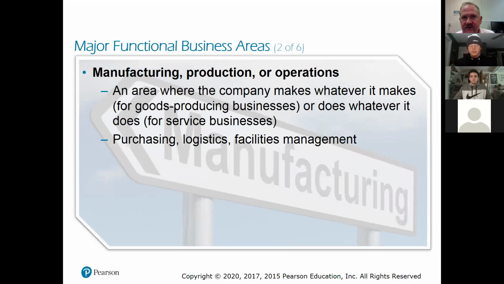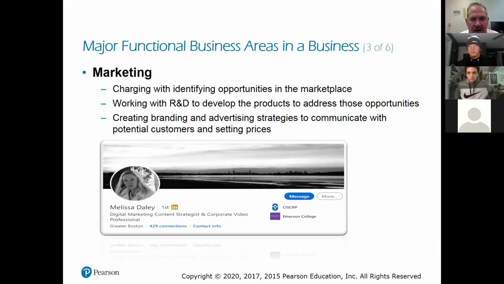Walmart itself doesn't really, well, they do manufacture some products, but for the most part, most of their time is spent in operations, okay? You know, how do I get product A onto the shelves as quickly as possible? So they spend a lot of their research on things like that. So I just kind of want to explain how these major functional areas can be different to different companies, okay?